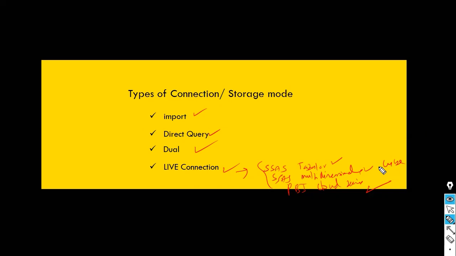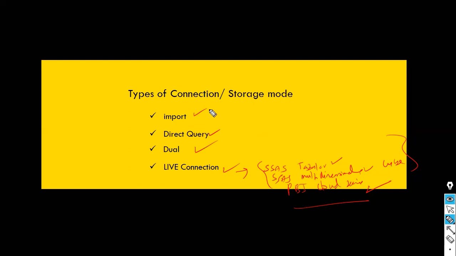For example, region is a dimension, salesperson is a dimension, and category is a dimension. If I want to see category-wise, region-wise sales performance, you can do that multi-dimensional analysis. Let us not worry about this at this moment. I will give a demo on Power BI Cloud Service for the live connection. Don't worry.